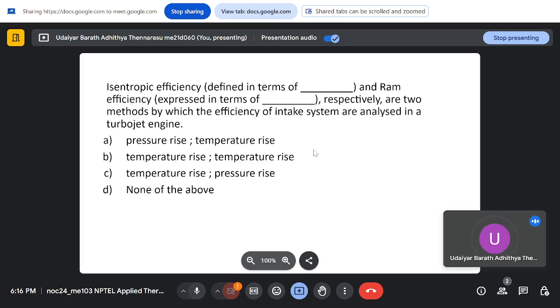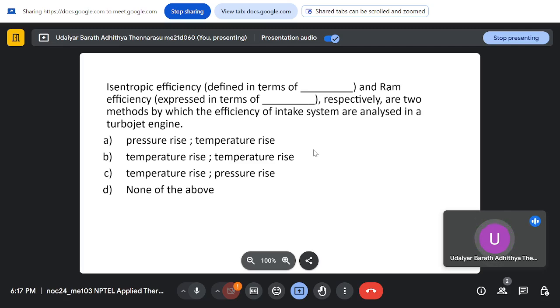Then the next question is, isentropic efficiency defined in terms of dash and ram efficiency expressed in terms of dash respectively are two methods by which the efficiency of intake system are analyzed in a turbojet engine. So we know how to calculate this isentropic efficiency.